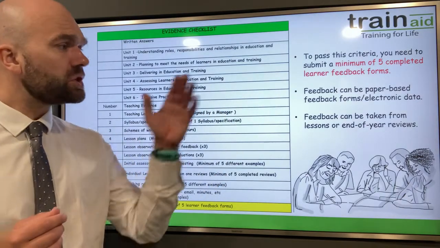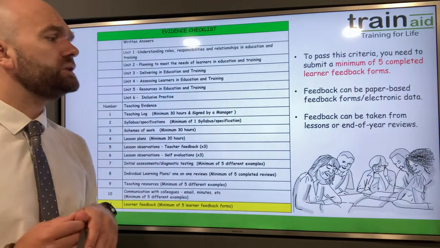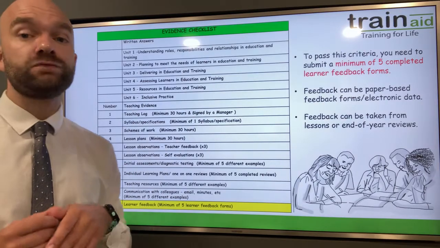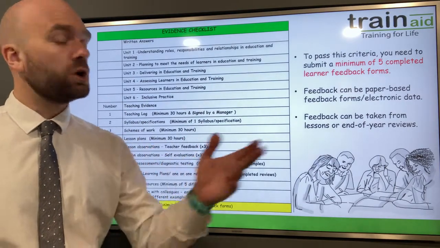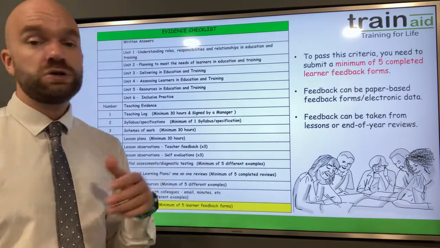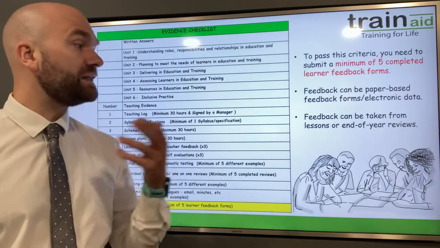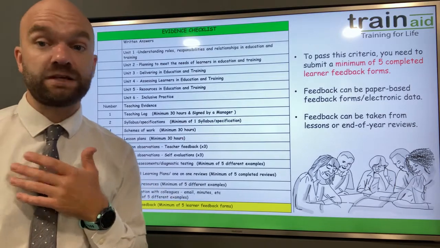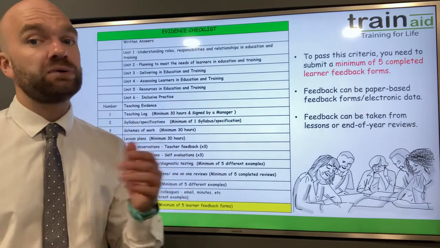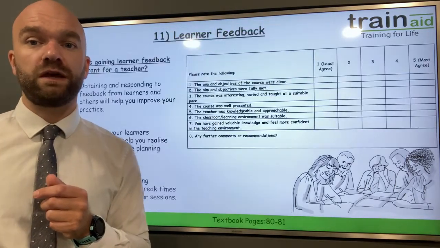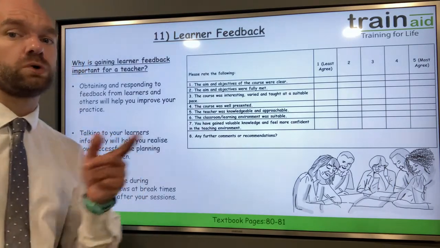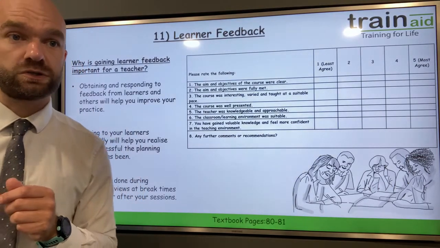You could create your own and gain feedback informally at the end of the lesson, or it could be more formal, so perhaps feedback at the end of a unit or at the end of an academic year as well. So we're now going to look at learner feedback in more detail to give you some more ideas of what to include.